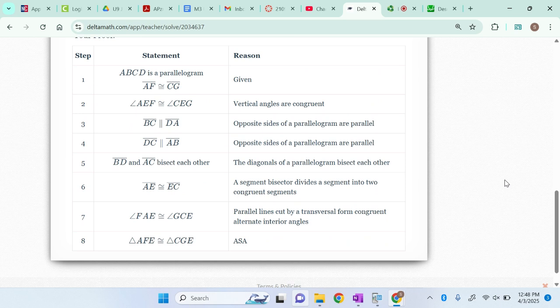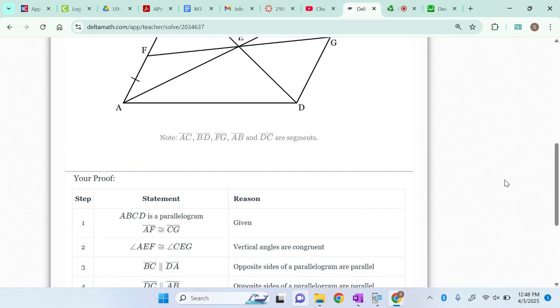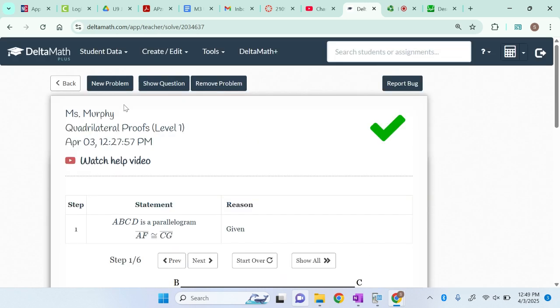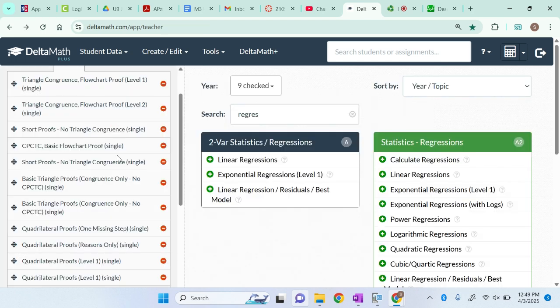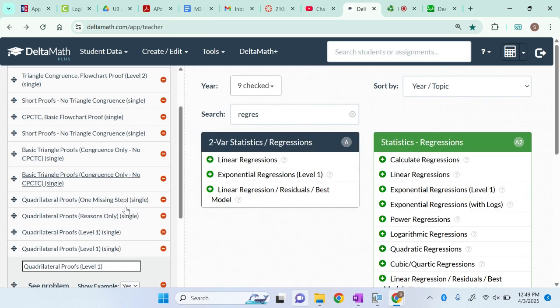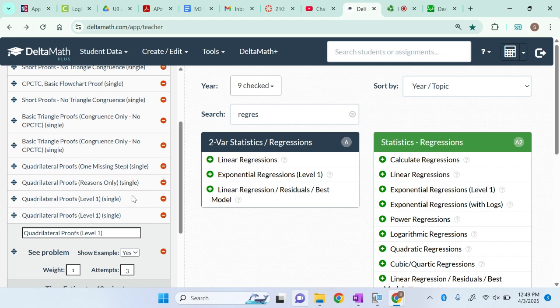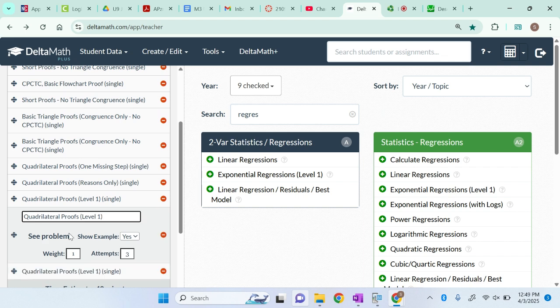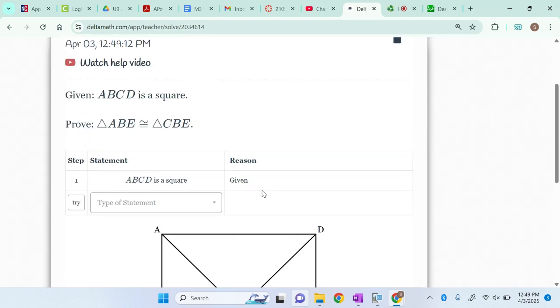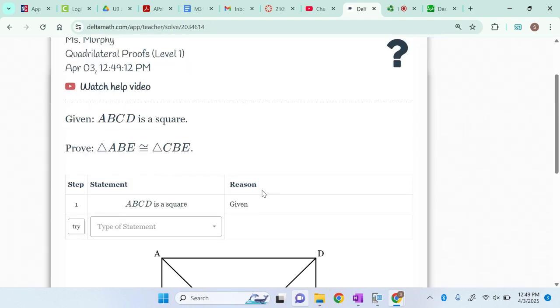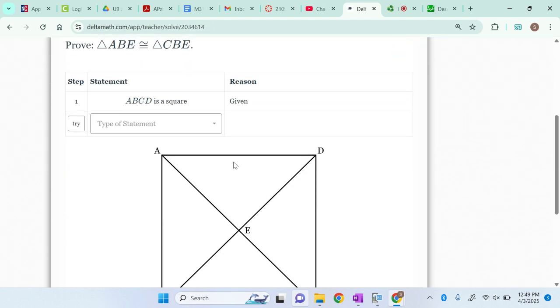Is the statement correct? Yeah. I don't know then. Like I said, Delta Math is a. I'm not gonna say it. Okay. I'm gonna set my Chromebook on fire.